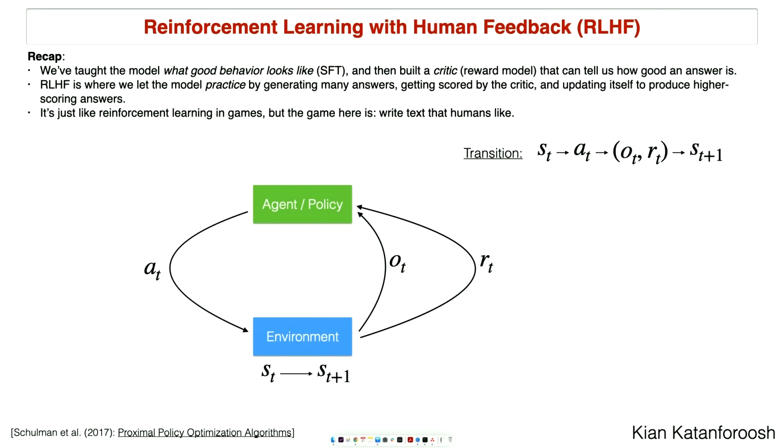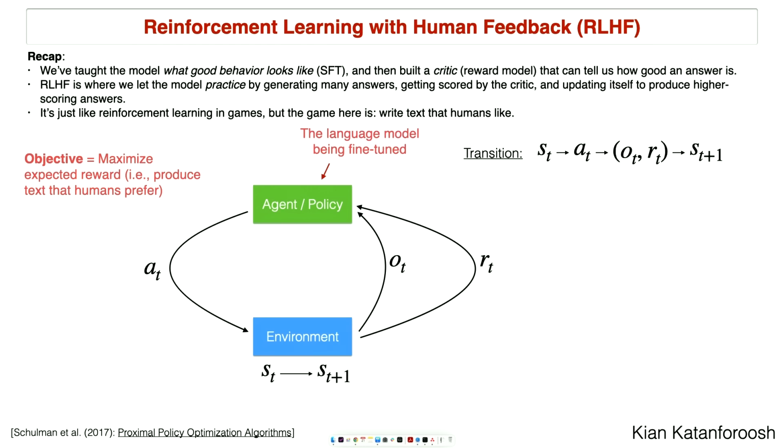So I just pasted here the exact setup that we've learned together for reinforcement learning. The differences are the following. Our objective is still to maximize expected reward that is produced by the reward model aligned with human preferences. The agent is the language model being fine-tuned. The environment is the space of possible prompts and continuations.